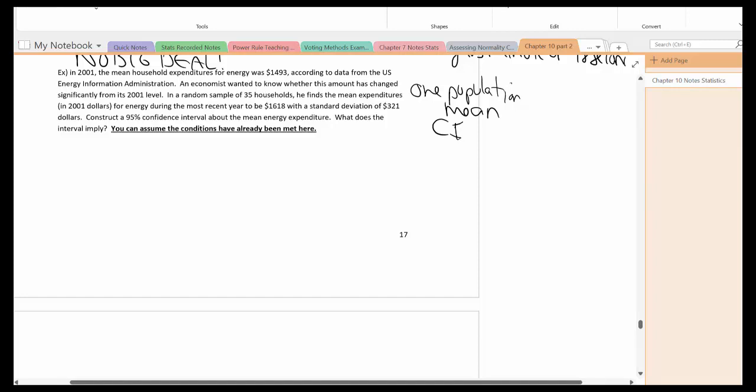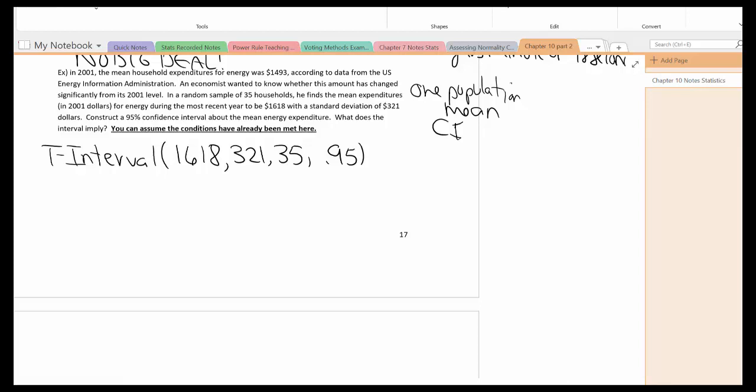So in this particular case, this is a T interval where it'll be 1618, comma, 321, comma, 35, comma, 0.95. Where 1618 is the sample mean, 321 is the sample standard deviation, 35 is the number in the sample, and then the percent confidence as a decimal.